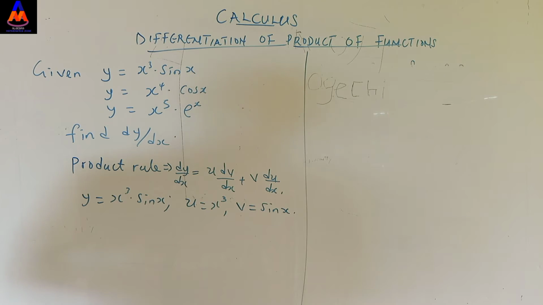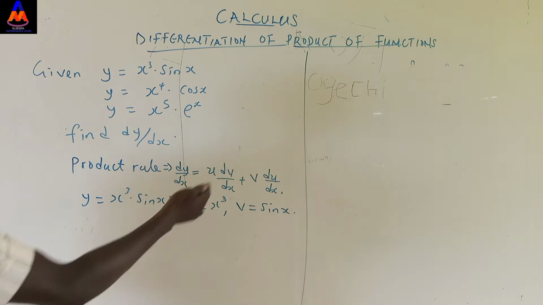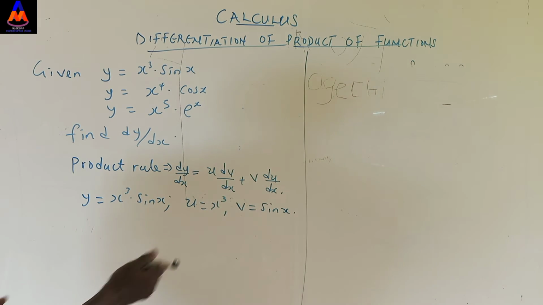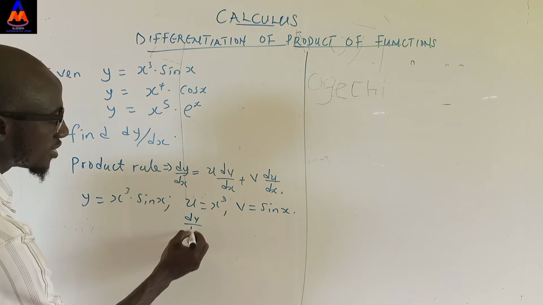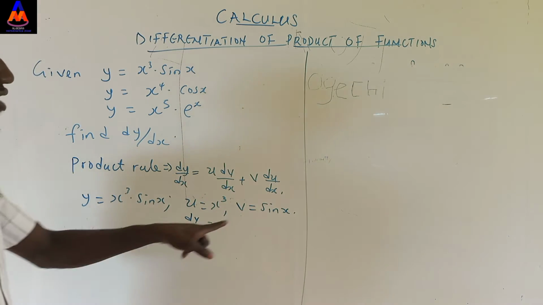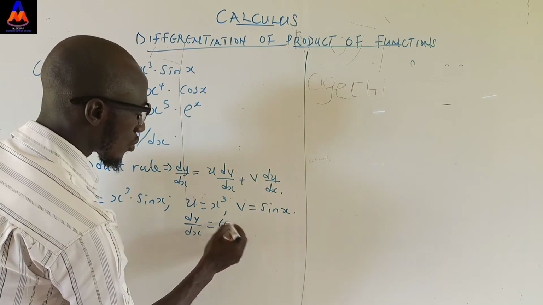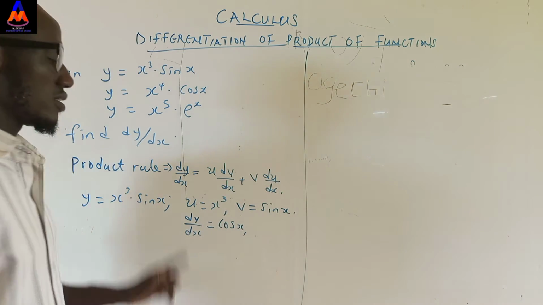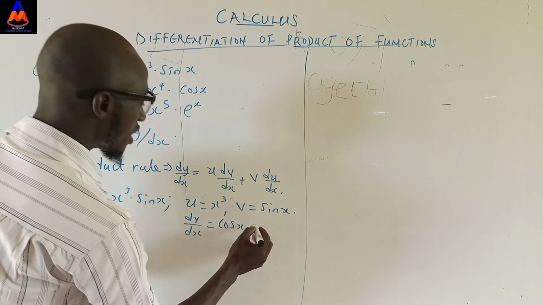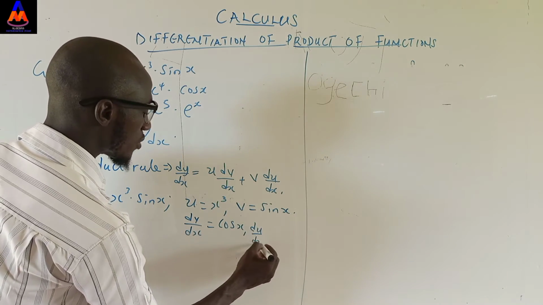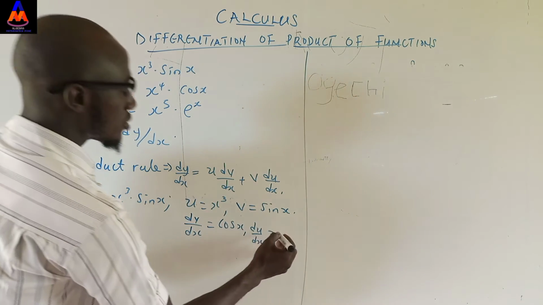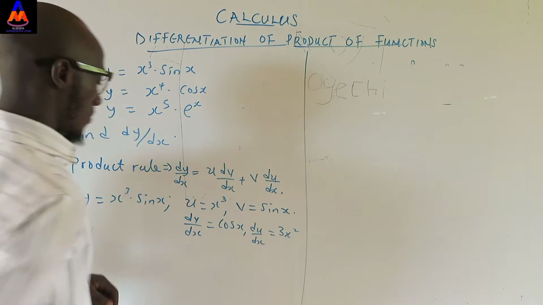So I need my dv dx, which is to differentiate my v with respect to x. When you differentiate sine x, it's going to give you cos x. I established that before. Then when you differentiate my u with respect to x, this is going to be 3s raised to the power 2.